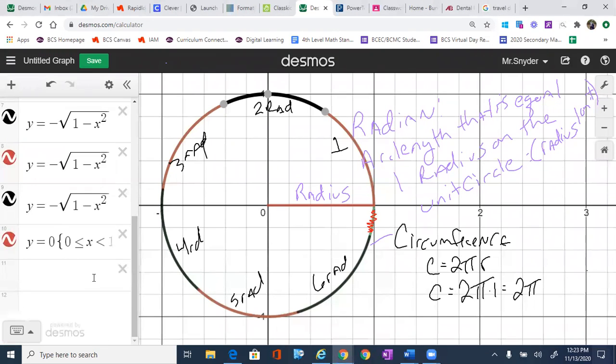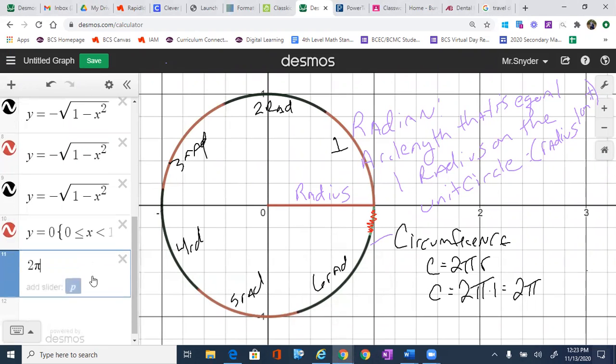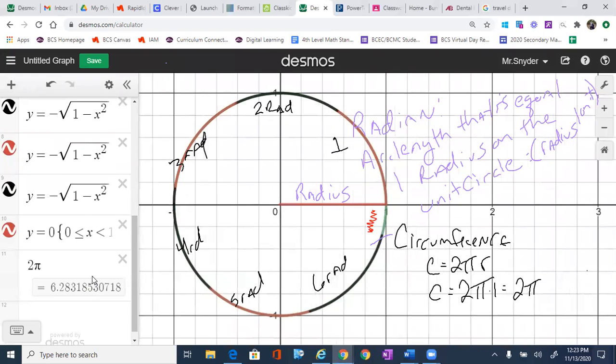Well, what is 2 pi? If we multiply 2 times pi, that gives us 6.28. And notice what that is. There are 6 radians and a small fraction of a 7th. That fraction is 0.28, or 28% of the radius. So in actuality, how many radians are there in a circle?